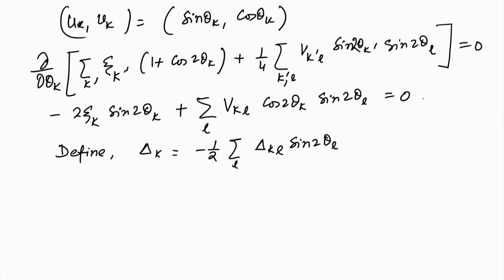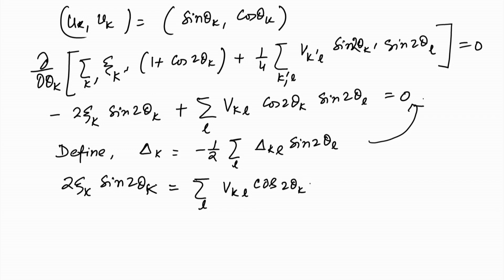using this and putting it into this equation, one gets a nice equation such as 2 xi_k sin 2 theta_k equal to sum over L V_kL cos 2 theta_k sin 2 theta_L, equal to minus 2 delta_k cos 2 theta_k.